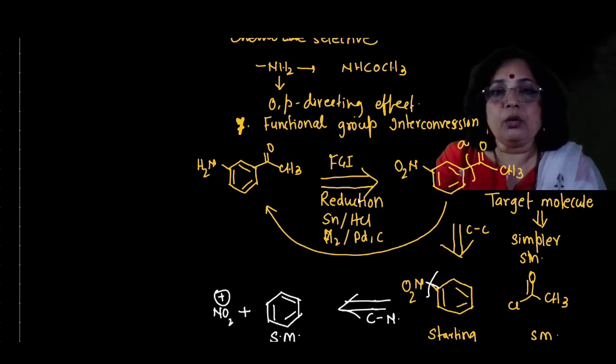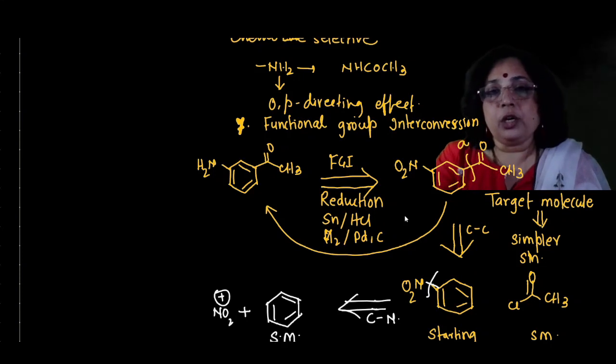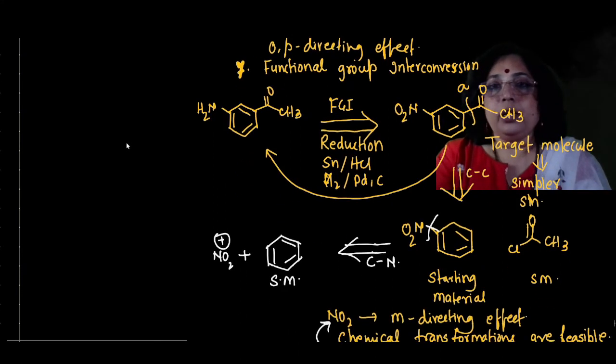So here I wrote the reduction and put certain reagents which are required for the reduction. You can use the other one also. After the FGI, I have not put any disconnection over here.